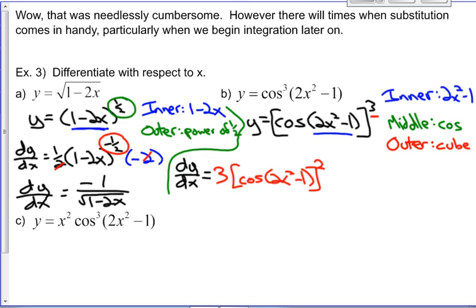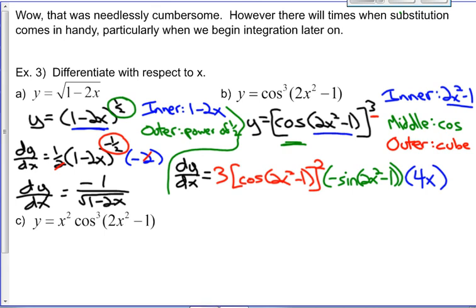The next thing I deal with is the cosine. So cosine, we know, becomes negative sine. So I'll have negative sine, and I don't deal with anything that's more sort of inward than the cosine part. So we still have 2x squared minus 1. And finally, we need the derivative of 2x squared minus 1, which we know is 4x.